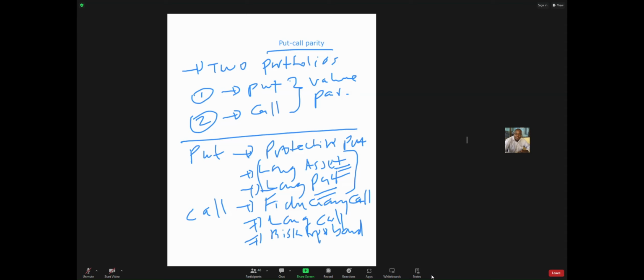So to demystify this further, we can show in a diagram the market outcomes at time t.